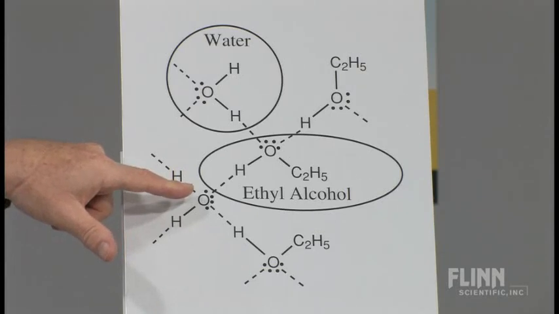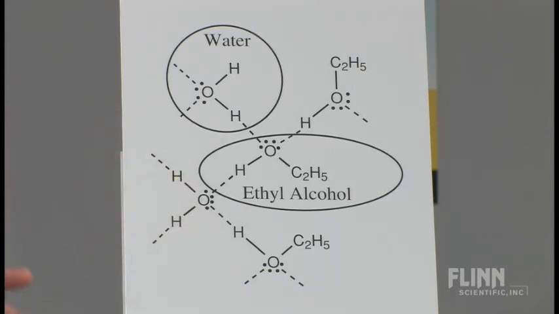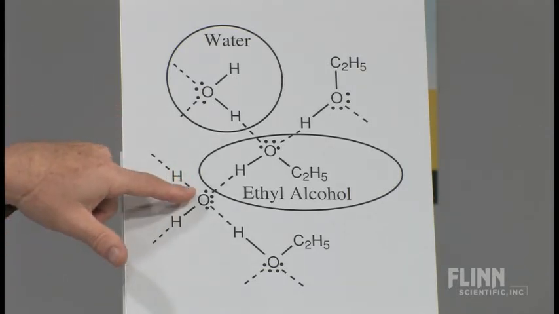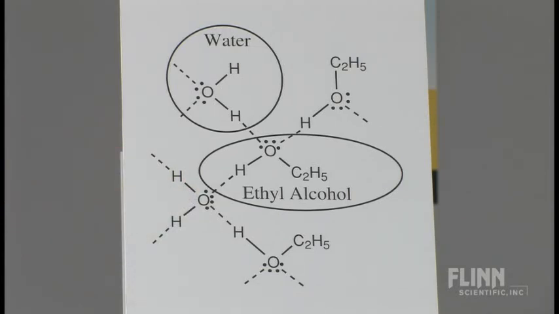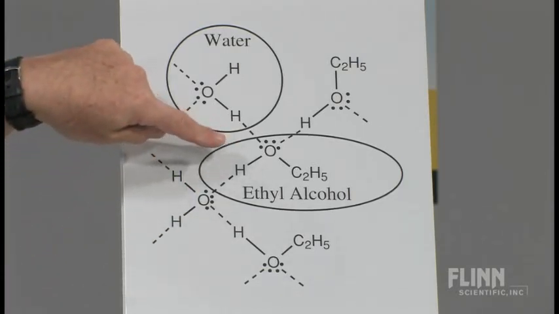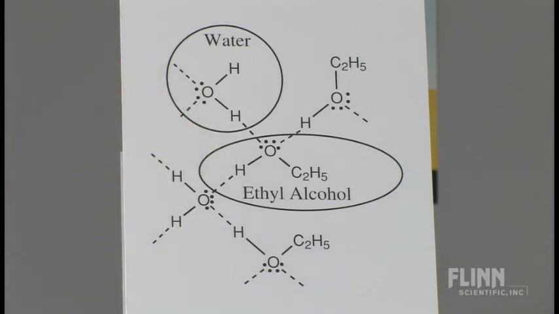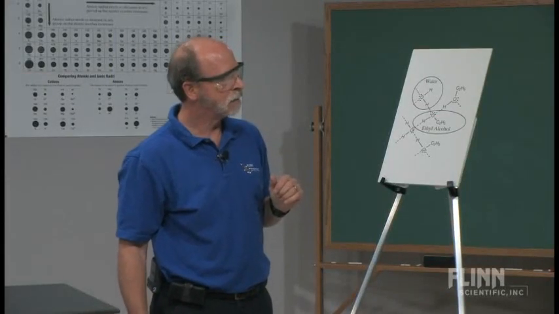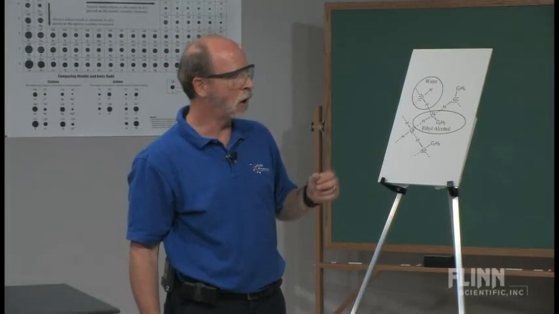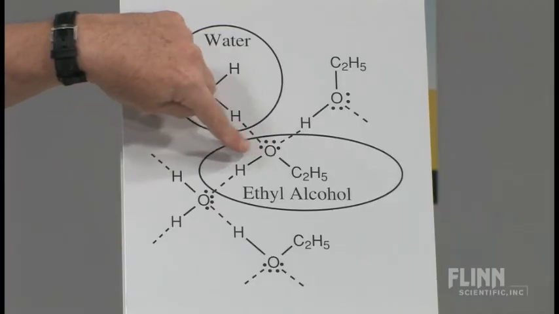And the negative end of that polar molecule, the negative end of the dipole, are the non-bonding pairs of electrons on the oxygen. In the ethanol molecule, the hydrogen bound to the oxygen is not sharing the pair of electrons with the oxygen evenly. And so the hydrogen appears as if it has a partial positive charge.